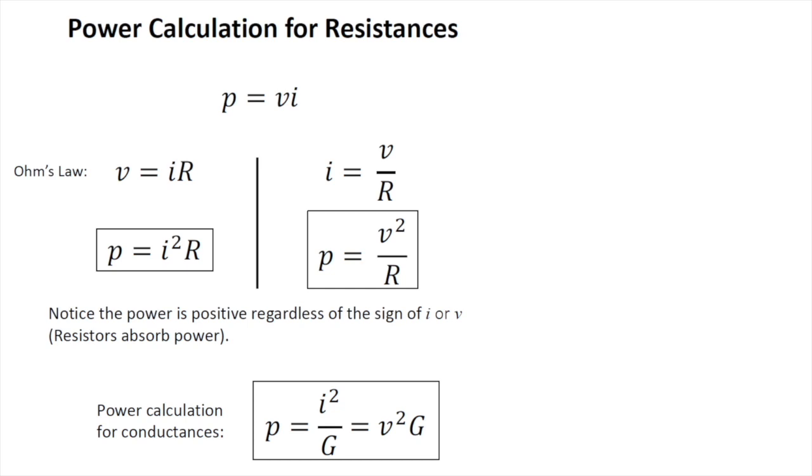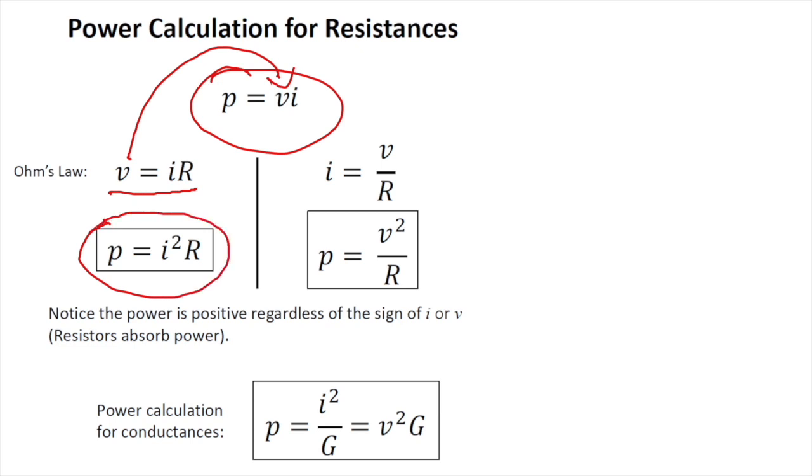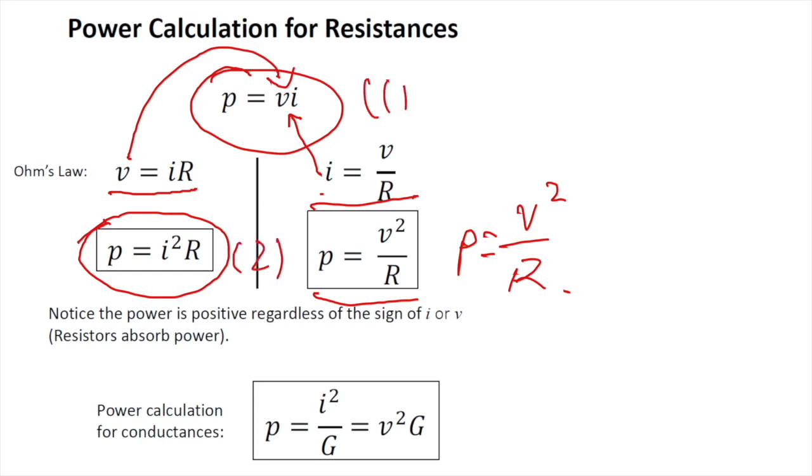We already know from the previous lecture that the power can be calculated using V times I. Today we learned Ohm's law, V equals I times R. By plugging V into the equation, we obtain P equals I squared times R. Also we know I equals V over R, so by plugging I into the equation, we get P equals V squared over R. So we have equations 1, 2, and 3 to calculate the power.